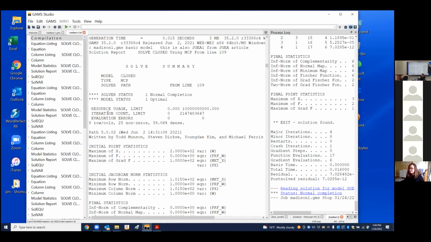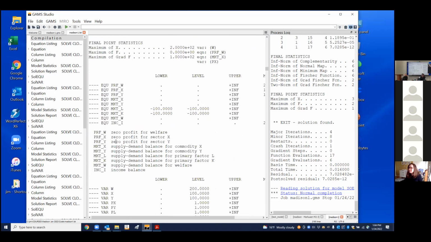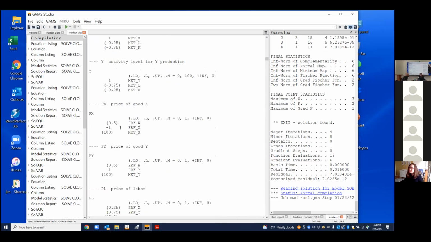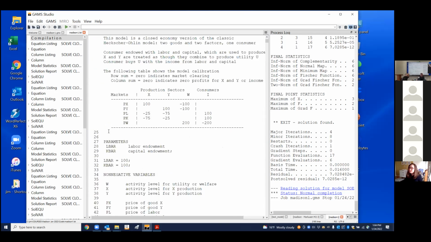This says terminated due to a licensing error. You copy it to the clipboard and then close out and reopen.